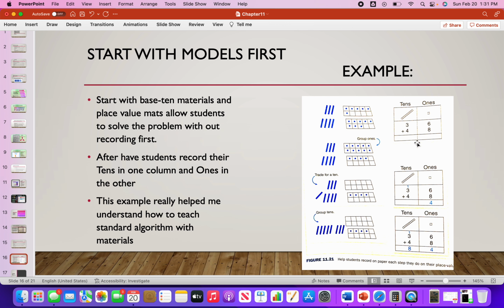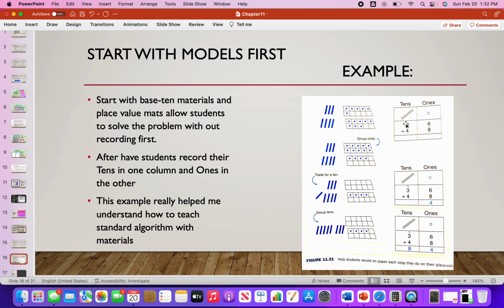So as you see over here they are doing 36 plus 48. So they went ahead and took the 10 models, and they have them right here, and then they have their ones on the 10 frames, and you can see each of them. And then they went ahead and recorded how many 10s.